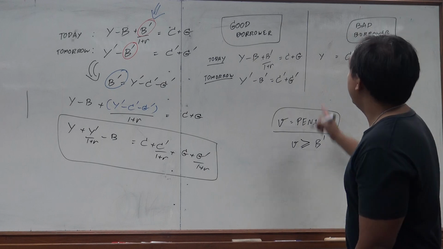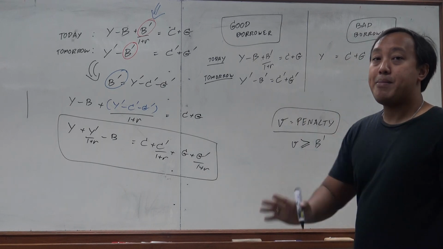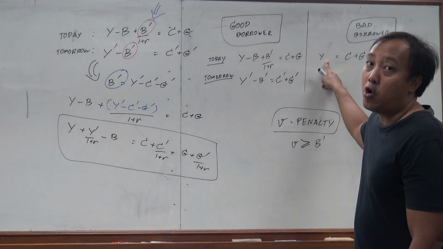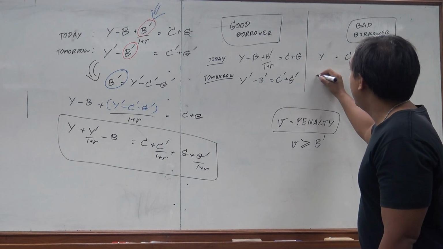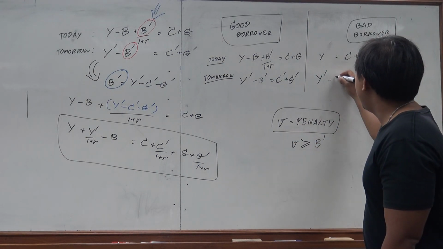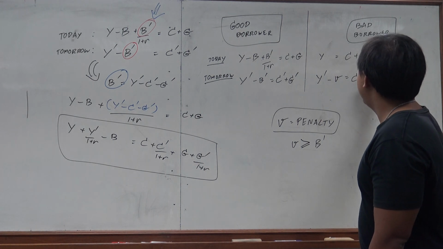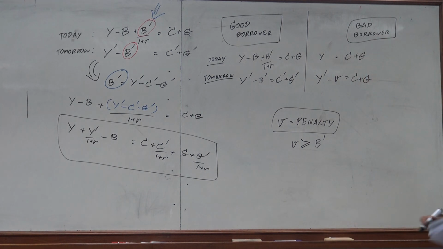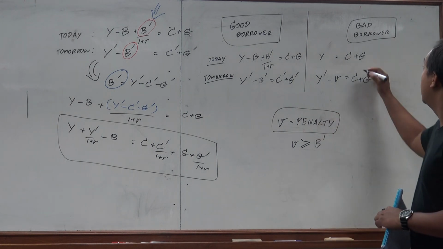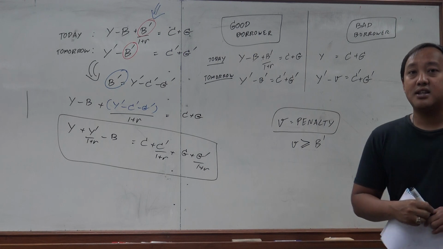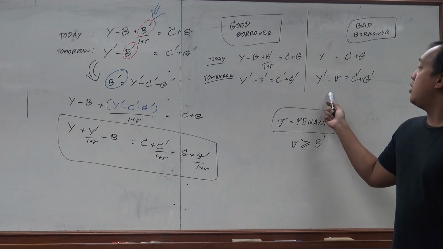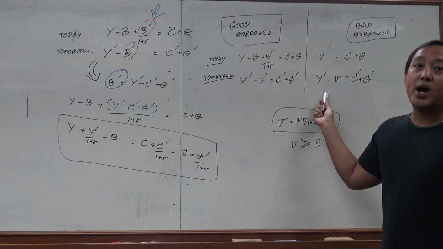So for the bad borrower, if you don't pay back your debt on time, no B, then you cannot borrow more, no B prime. Tomorrow, you have to pay a penalty because you are bad. So this is y prime minus V equal to c prime plus g prime. This is the set of equations for the good borrower, and this is the set of equations if you are a bad borrower country.